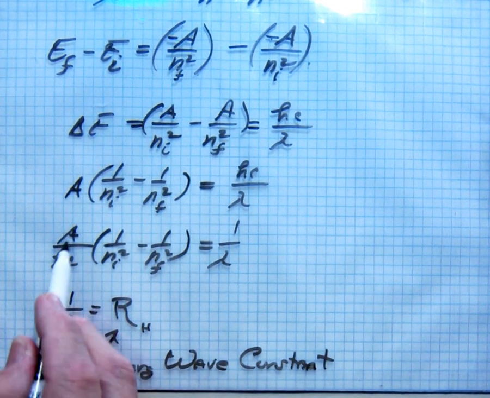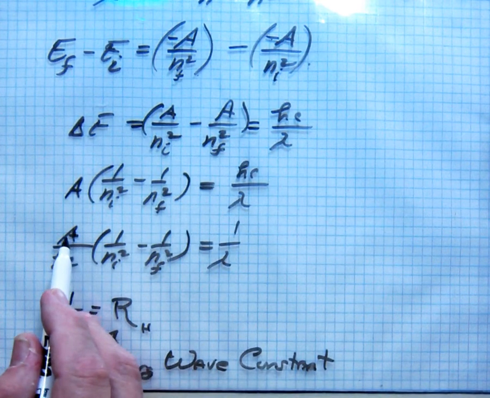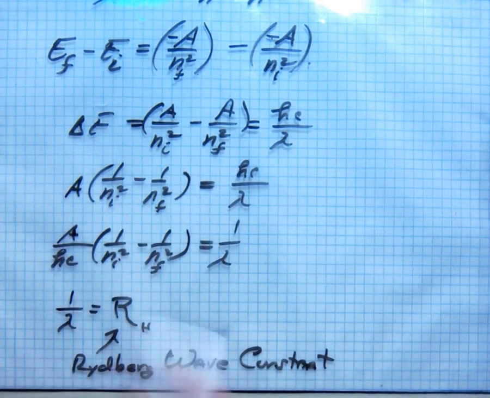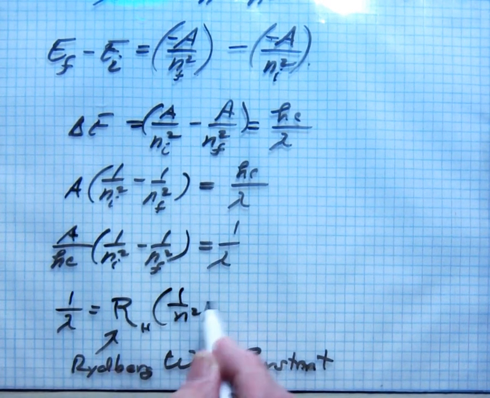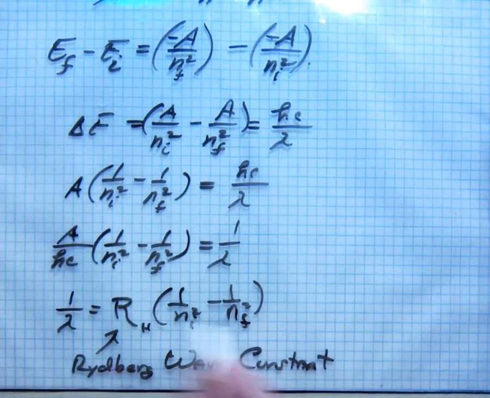The A value up here is a Rydberg energy constant. See, this is lambda, and so you have 1 over n squared minus 1 over n squared, initial and final. And there's your mathematical derivation.